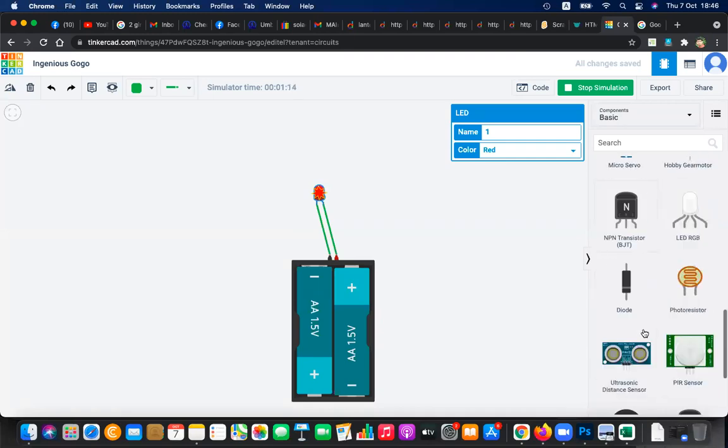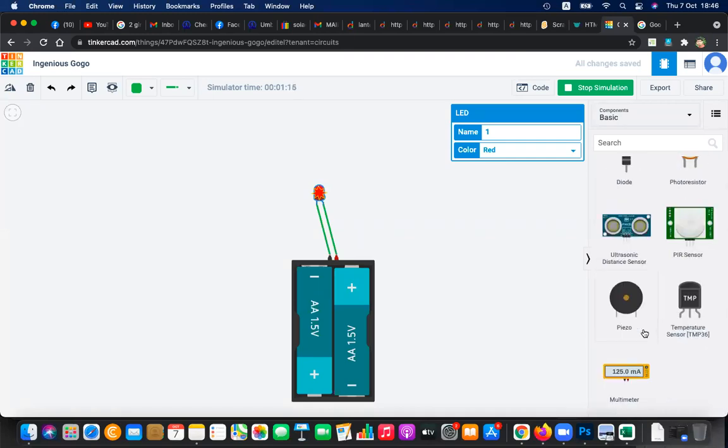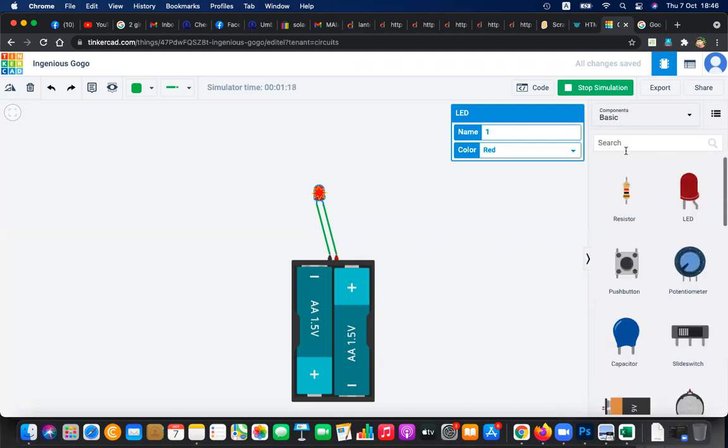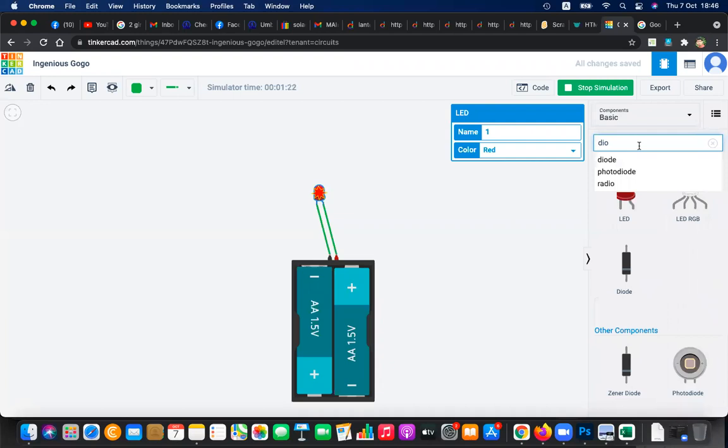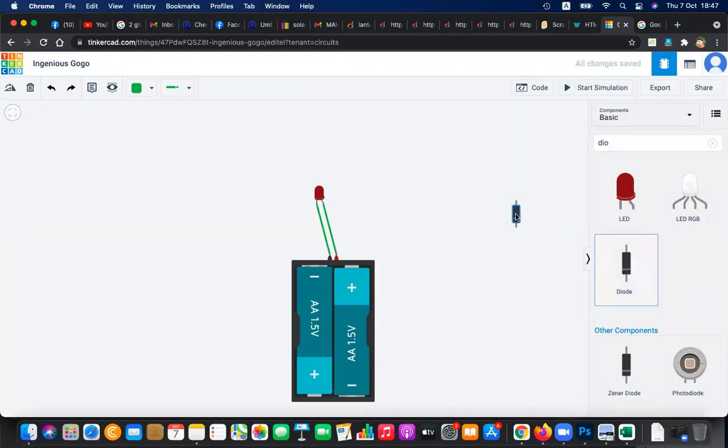You can find a diode. Here, a diode is there. Then what are you going to do with the diode? You're going to connect it like this.